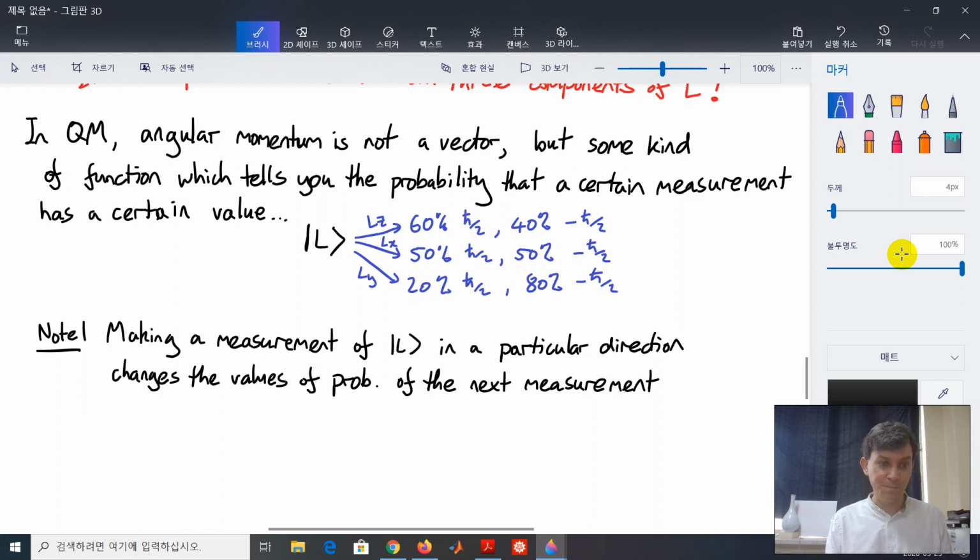And exactly how, again, I cannot define without going into the mathematics. So when you take the later class, you will see the mathematical basis for all of this.